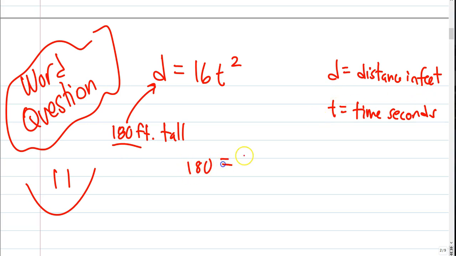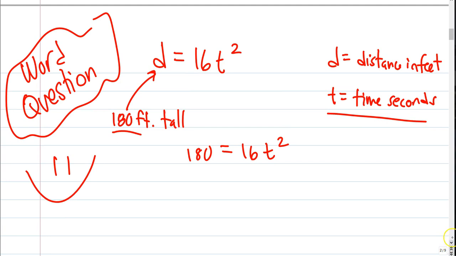So I fill that in. 180 is equal to 16 t squared. Solve for the time that it takes for the object to hit the ground. Well, inverse operations again. We undo the multiplying by dividing. This isn't looking pretty. How about, let's reduce that by 4.